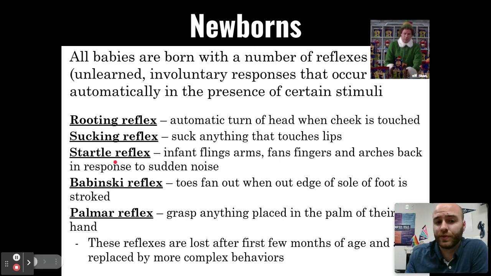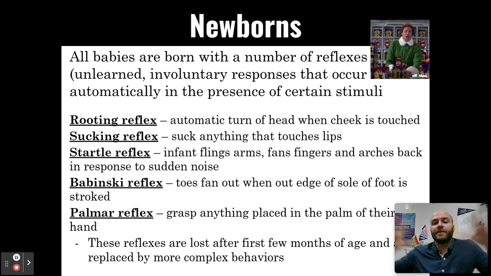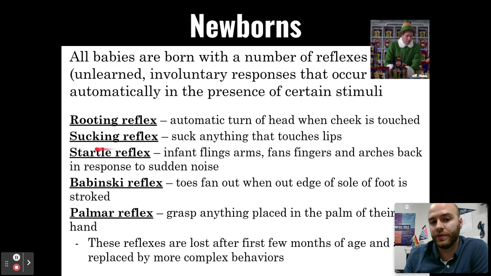You also have the startle reflex, and this is in response to a loud noise. There's some type of loud noise, bang, or disruption. The infant flings their arms out, fans their fingers out, and arches their back in response to this sudden noise. This is one of those reflexes that actually continues into adulthood. If you've ever seen the movie Elf with the Jack in the Box, he has a very, very hard time stopping his startle reflex from occurring, because it's meant to, even as adults, protect.